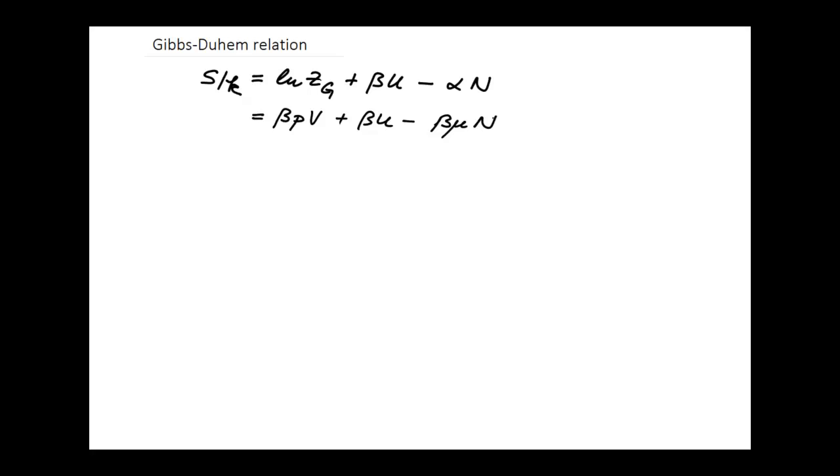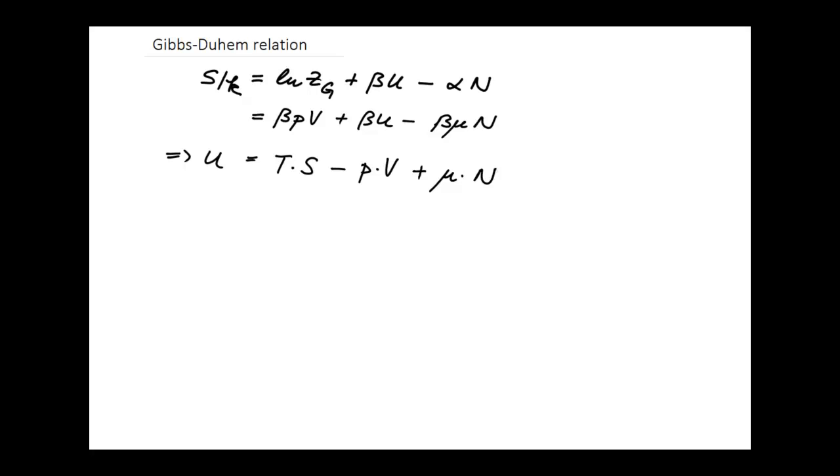This we can solve for the internal energy. And we find for the internal energy that this is given by temperature times entropy minus pressure times volume plus chemical potential times particle number.